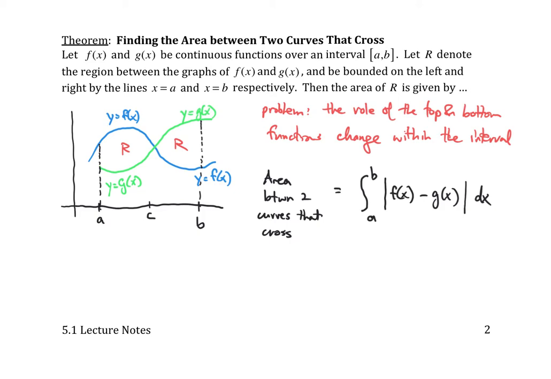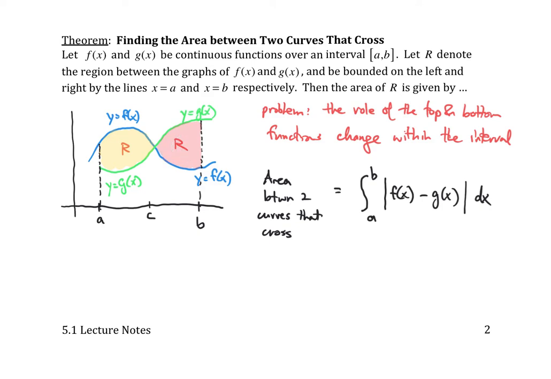So when you do that, what do you notice? When you look at this function, this area on the left over here is positive area. But the area on the right side over here looks like a negative area if I didn't put the absolute value.